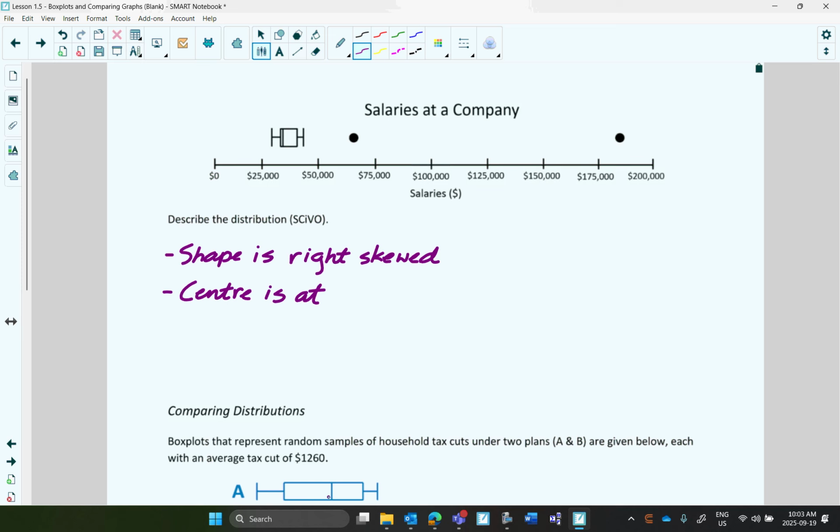Where's the center of the data at? Remember, you can use median or mean, whatever one you're given, if not both. We calculated the median. What was it? On the graph, it's here. But didn't we actually calculate it? Look on page 1 of this lesson, or page 2, the previous page. You're given all those values. Yes, but in context, it's 34,500.